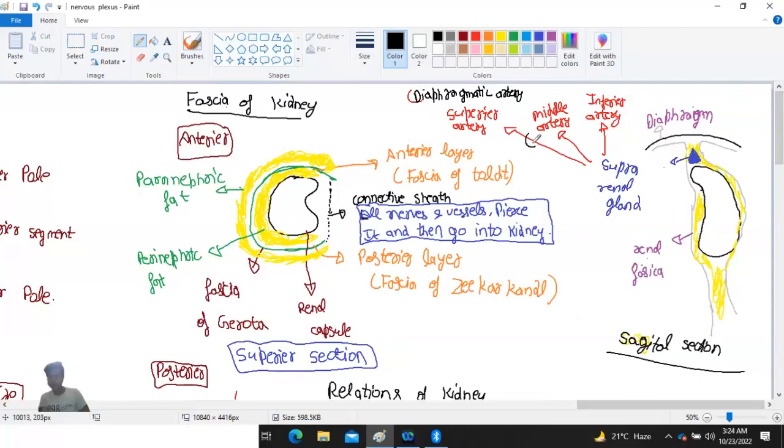We write abdominal aorta, and this is a branch of the renal artery.